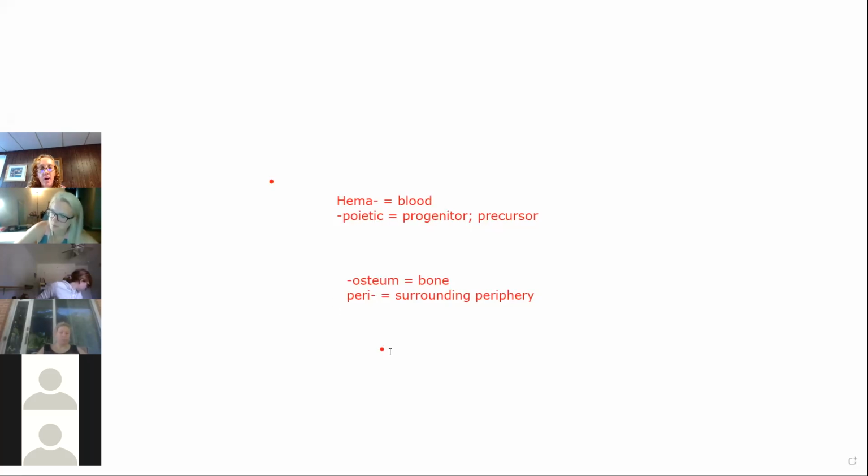We call it the marrow cavity because it contains the yellow or the red bone marrow. It's also referred to as the medullary cavity.